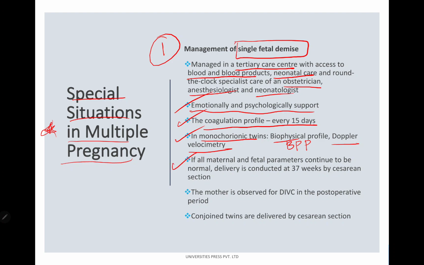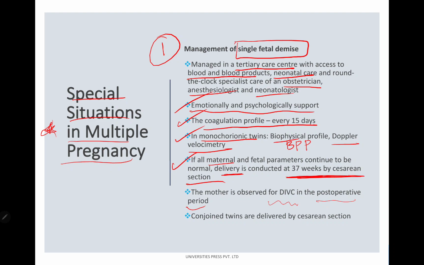If all the maternal and fetal parameters continue to be normal, delivery is conducted at 37 weeks by cesarean section. The mother is going to be observed for DIC in the postoperative period.